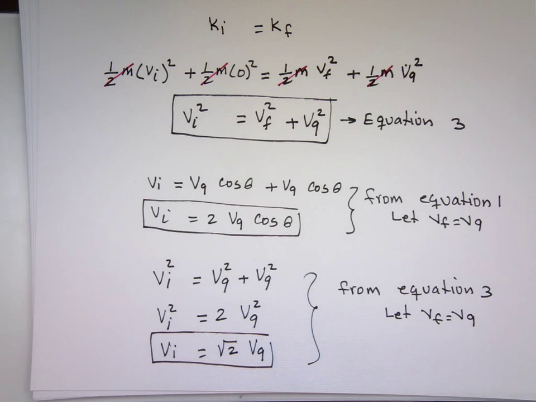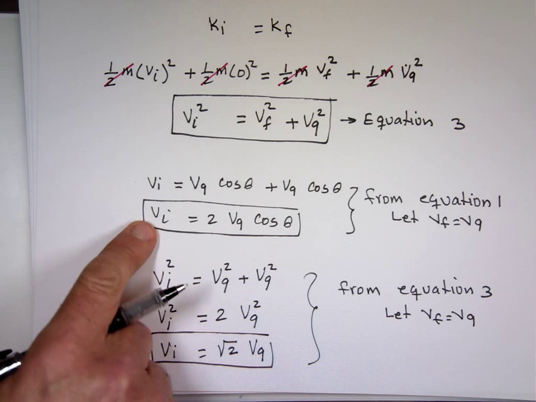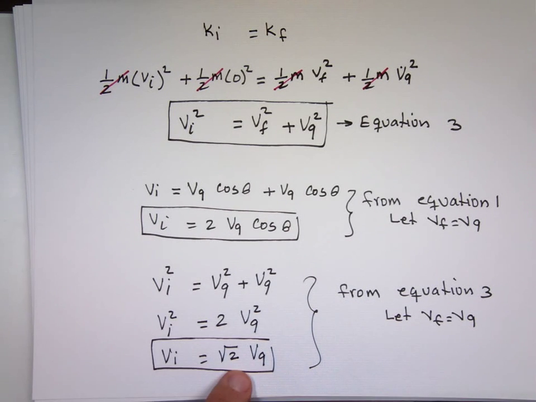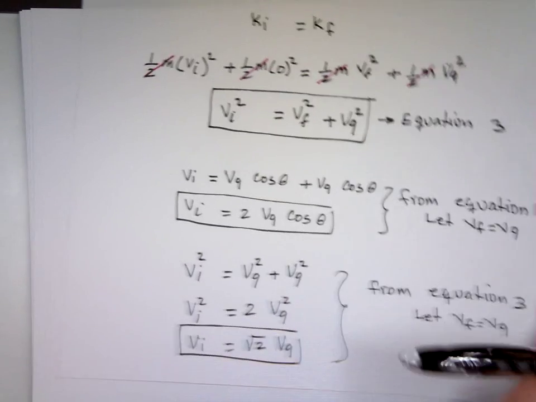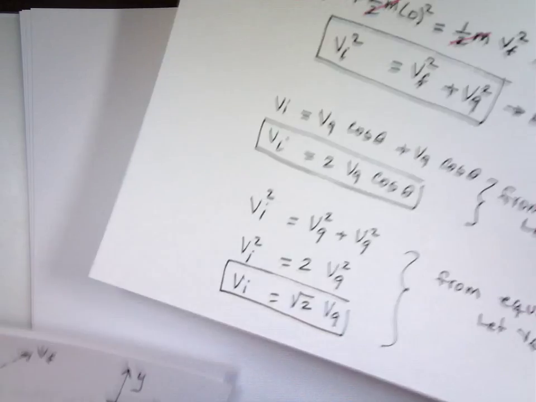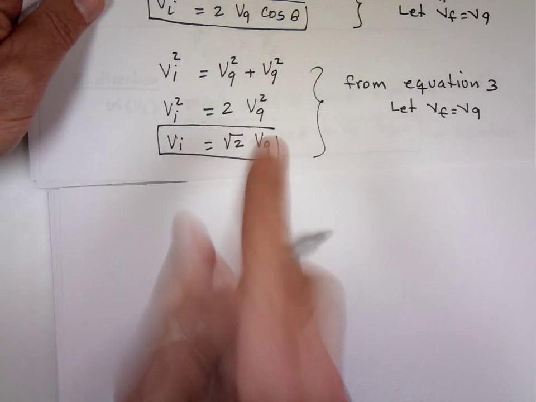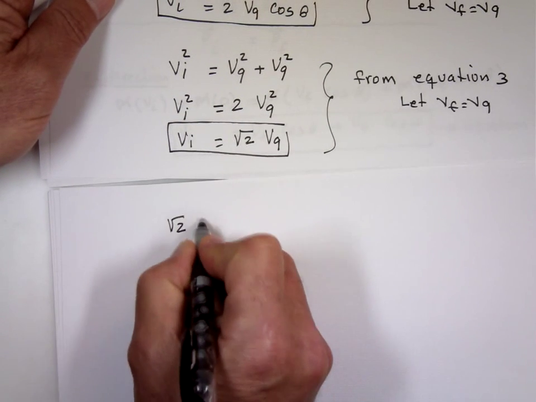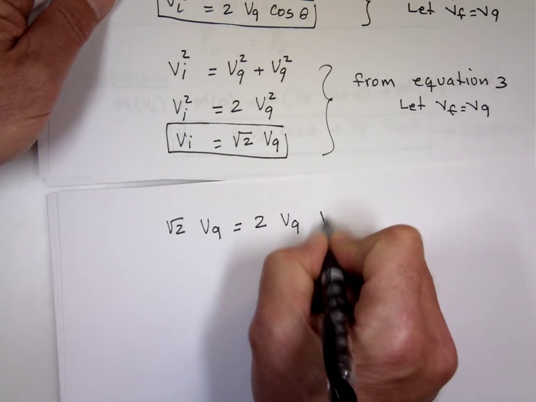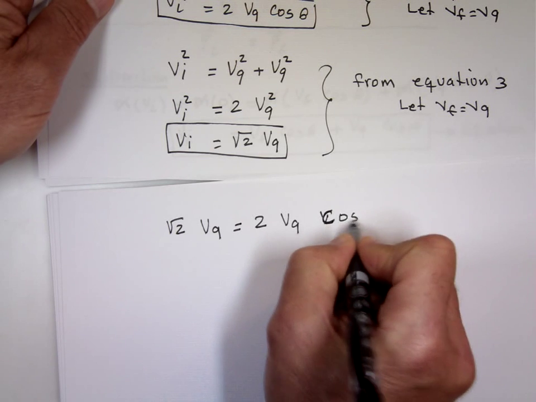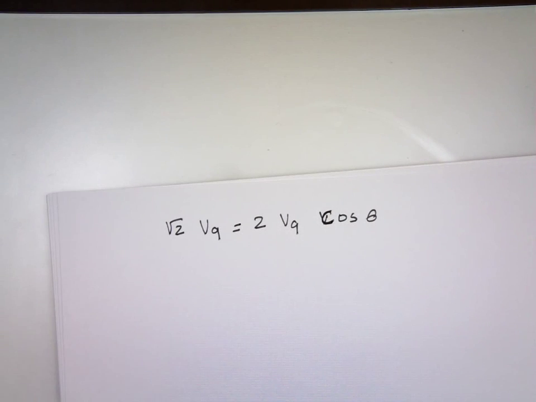Now notice it says Vi equals this and Vi equals that. So set the two of them equal to each other. Instead of Vi, let me put the square root of 2 times V9 equals 2 times V9 cosine theta. V9 will disappear from both sides if you divide by V9.